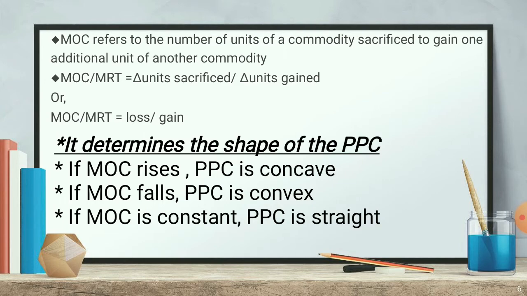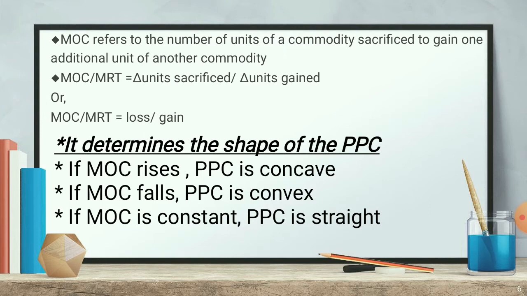Suppose for the first commodity we were producing 10 units. Now if we want to produce one more unit, the 11th unit, we will have to sacrifice some of the units of the other commodity for the production of one more unit. That concept is known as marginal opportunity cost.